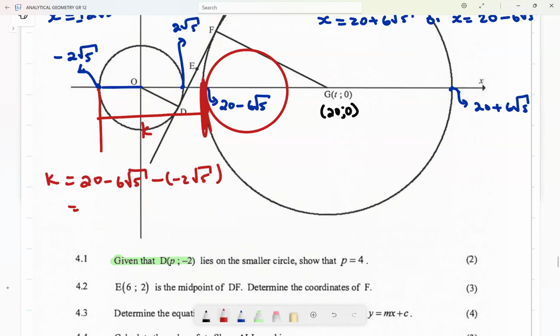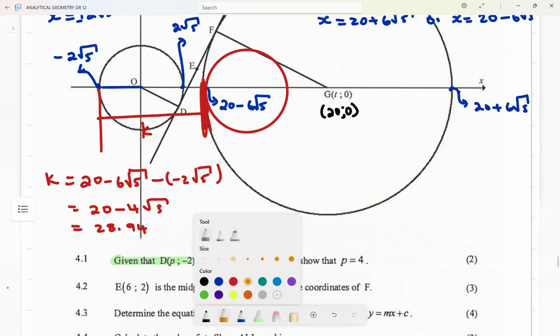So it's 20, this one minus that one. That is the distance that it should be shifted for this one to be there. And then we get 20 minus 4 root 5, which is the same as 28.94.